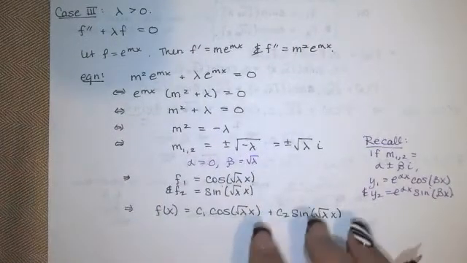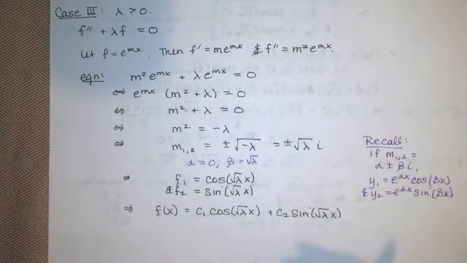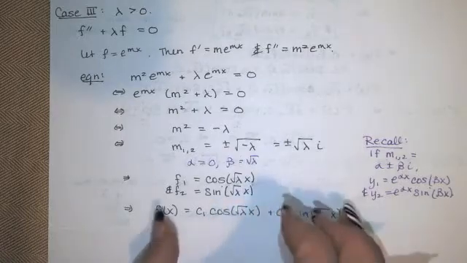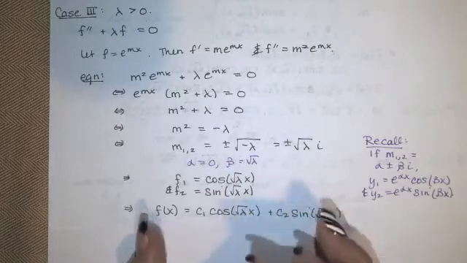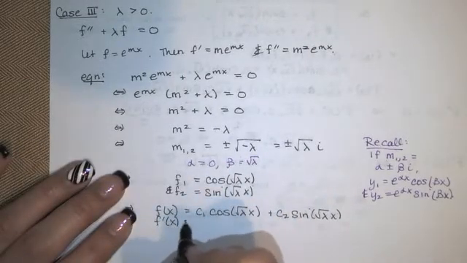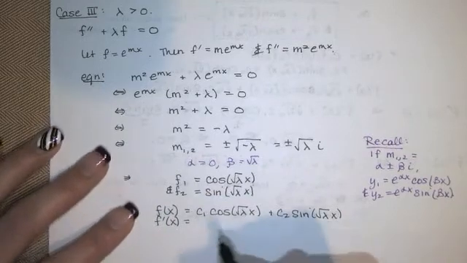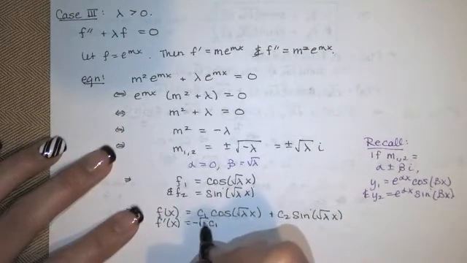Okay, now we want to find the values of C1 and C2 that cause this function, this family of solutions, to satisfy the boundary conditions. And the boundary conditions involve the derivative, so we'll compute the derivative. The derivative of cosine is negative sine.